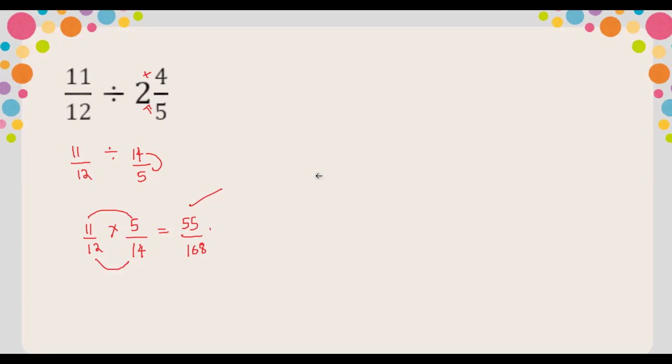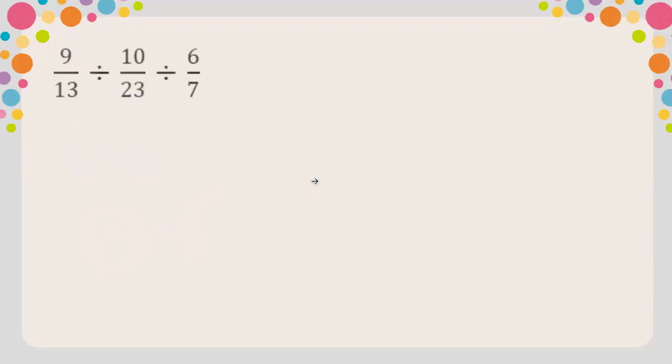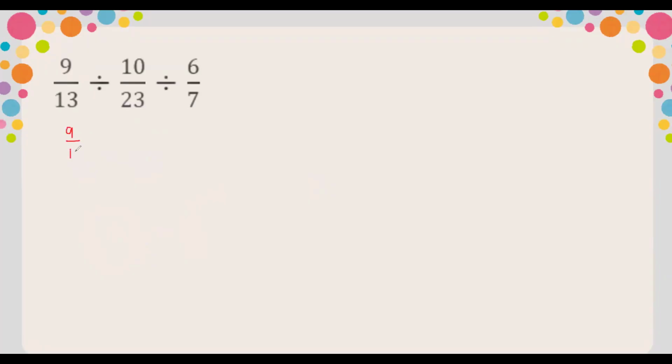Let's see another question. 9 by 13 divided by 10 by 23 divided by 6 by 7. So here 9 by 13 will remain the same. 10 by 23 will change into 23 by 10. And 6 by 7 will change into 7 by 6.